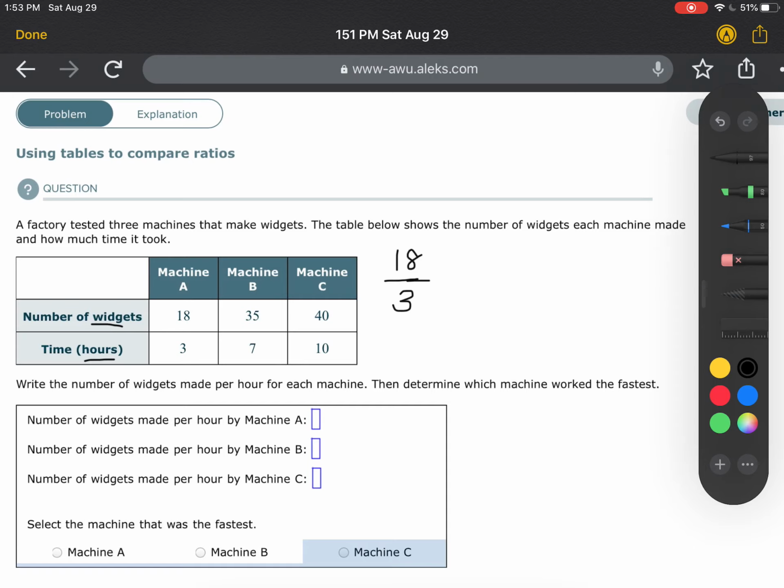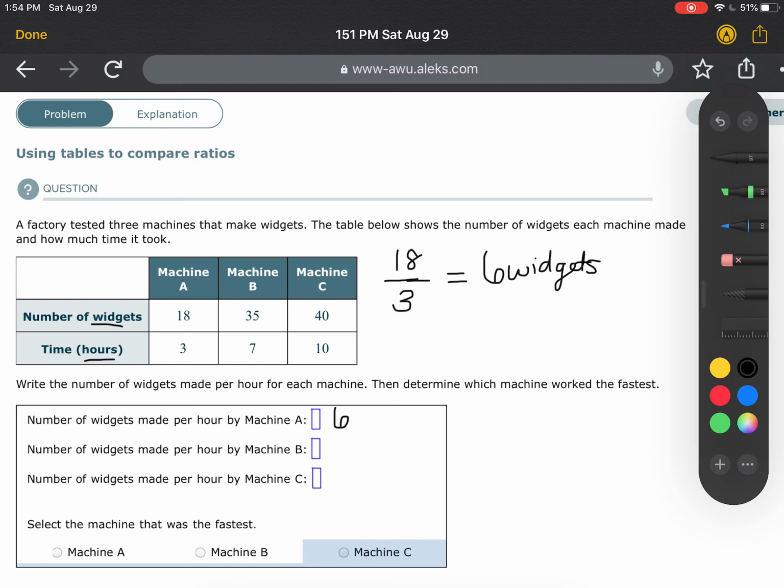So how many widgets does it make an hour? So we're going to say 18 divided by 3 equals 6. Okay, so on average, this widget making machine would make 6 widgets per hour, because there's 3 hours, and if I divide 18 equally into 3 hours, that would make 6 widgets.